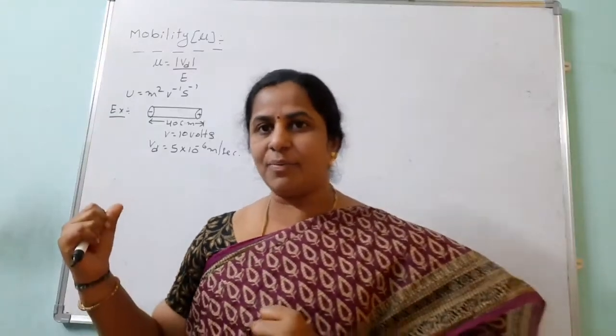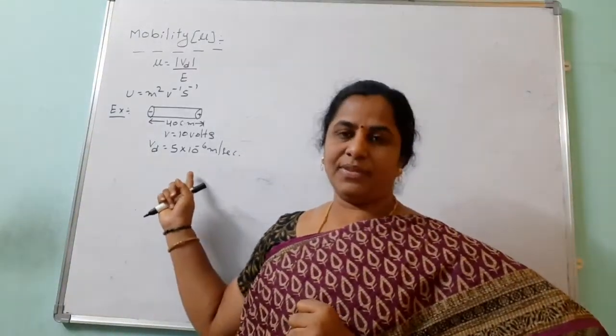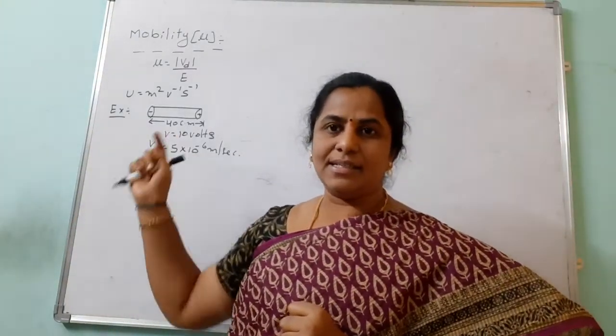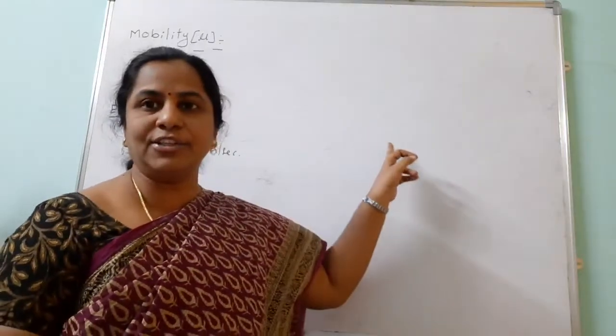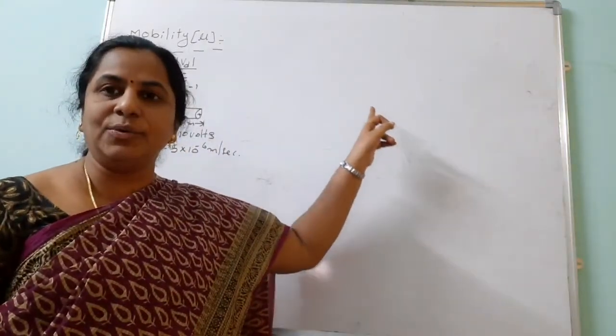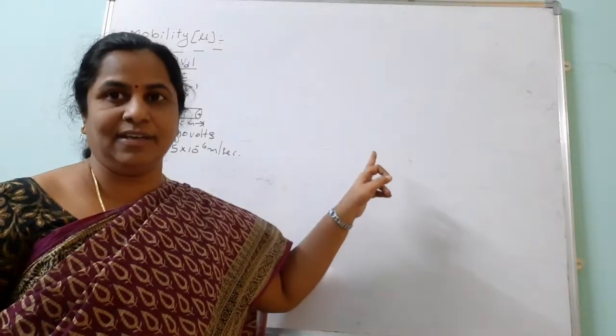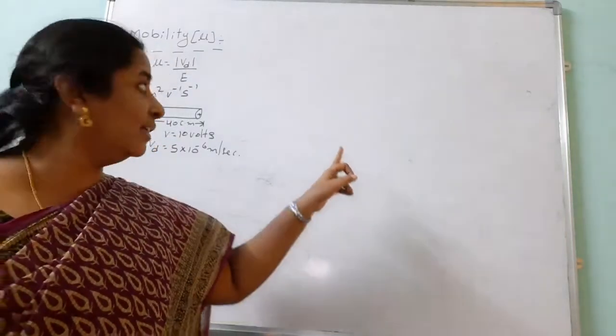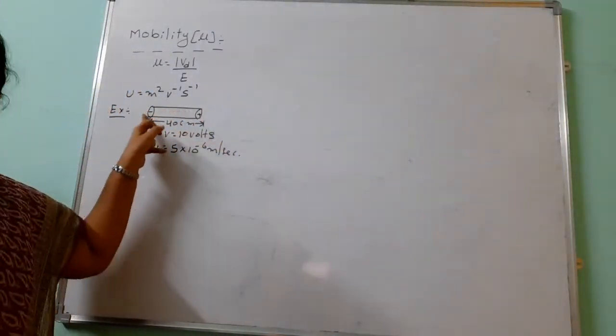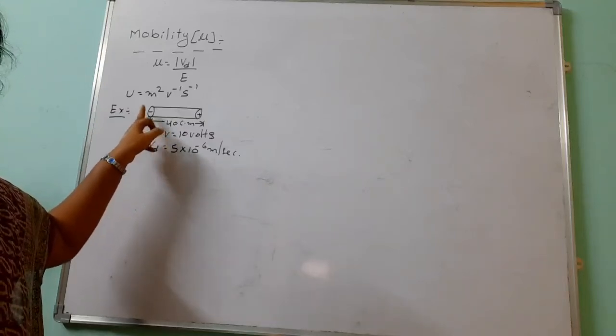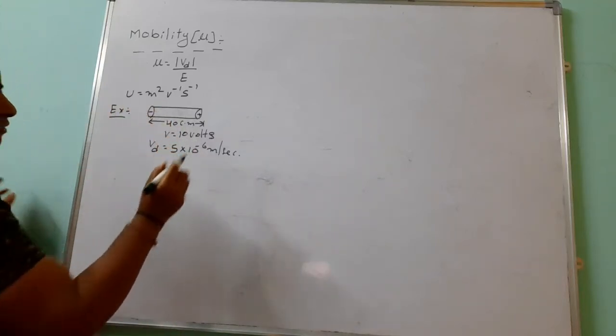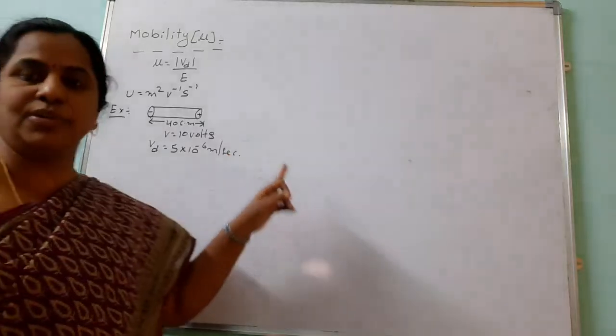Now come to our point. What is mobility? It is the ratio of the magnitude of drift velocity to the intensity of the electric field. In the previous class I mentioned that when you apply a potential difference across a conductor, electrons drift from negative to positive.